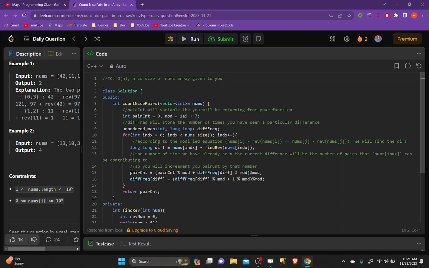Okay, and if you may ask what will be the space complexity, then it will also be order of n because of this difference frequency. If, let's say, all the differences are unique, you have not seen a particular difference before, then in that case it will be order of n also. Okay, so this is what the space and time complexities will be.